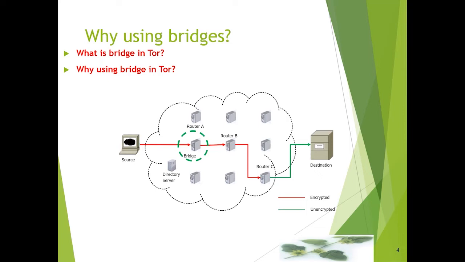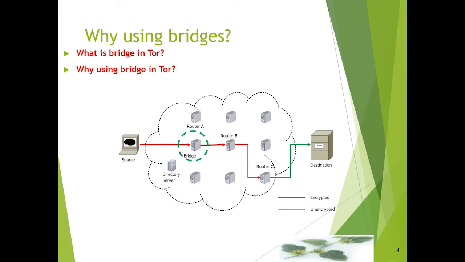For example, the bridge in this figure. The function of the bridge is the same as the entry node. The bridge information is not fully listed on the internet, therefore bridges are not easily blocked. Users can partly obtain a few bridges through email or HTTP requests. The bridge population varies significantly over time.